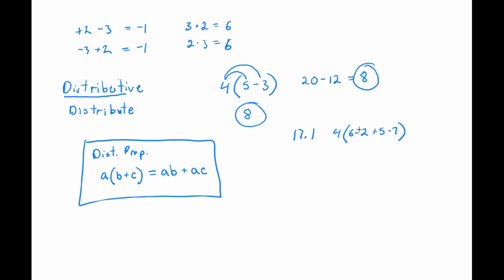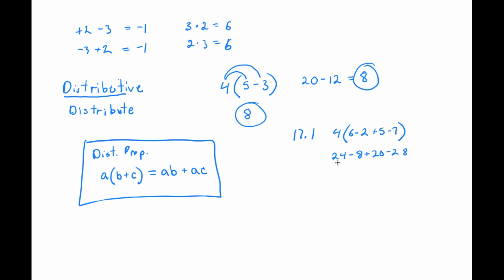We're going to distribute. So 4 times 6 is 24. 4 times negative 2 is negative 8. 4 times positive 5 is a positive 20. And 4 times negative 7 is negative 28. Now we solve, and we get positive 20 and a positive 24.